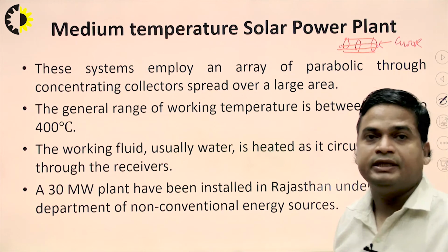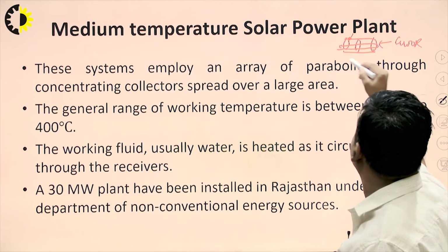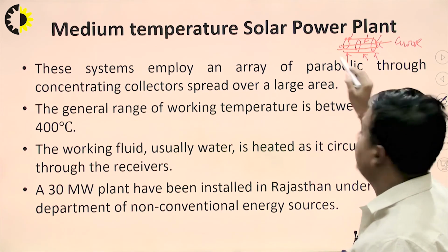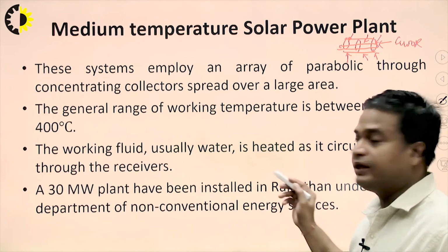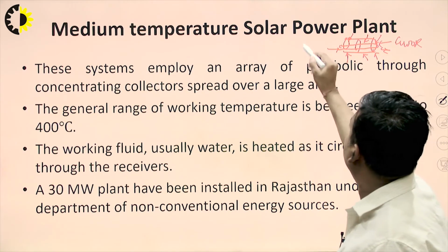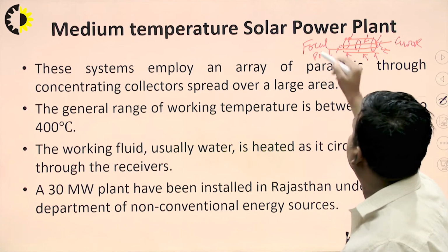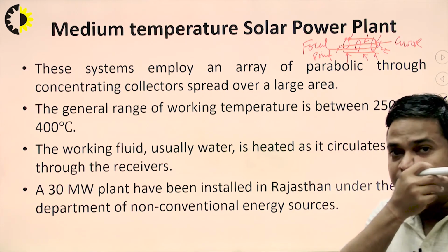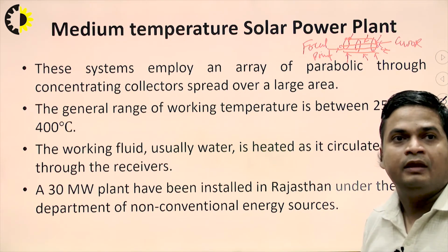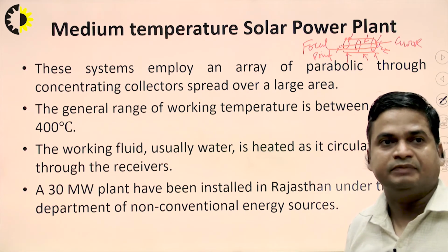The radiations which are coming onto this surface from all directions, they all, after reflecting, concentrate over this focal length, that is the focal point, and thereby the fluid which is flowing in this pipe gets heated and its energy is utilized for industrial and commercial purposes.